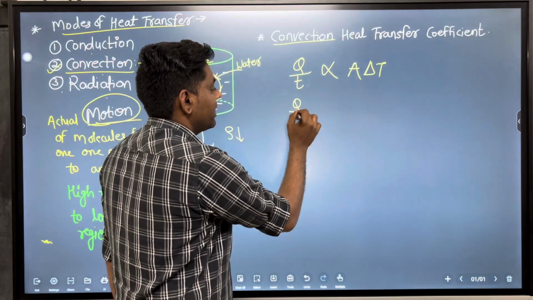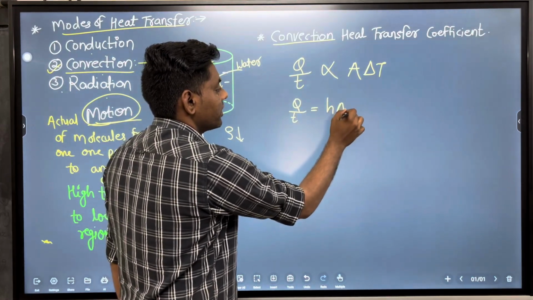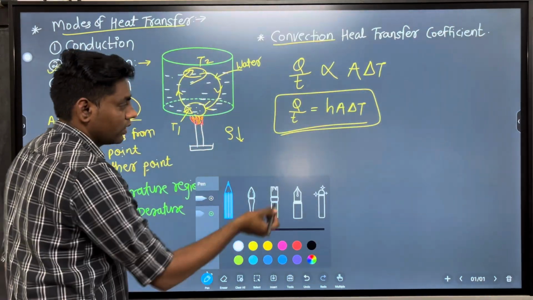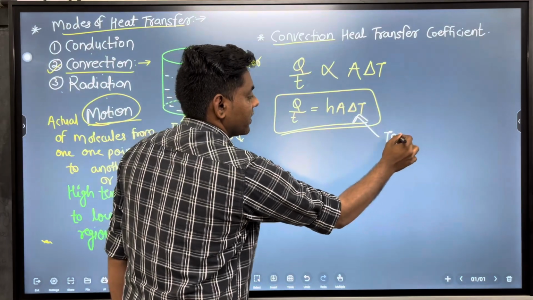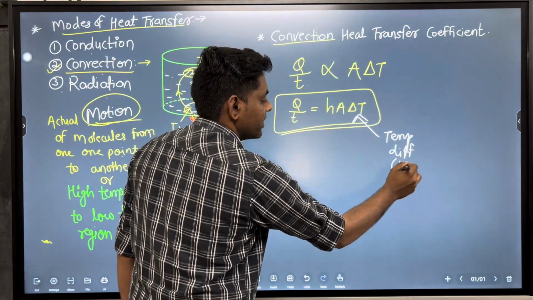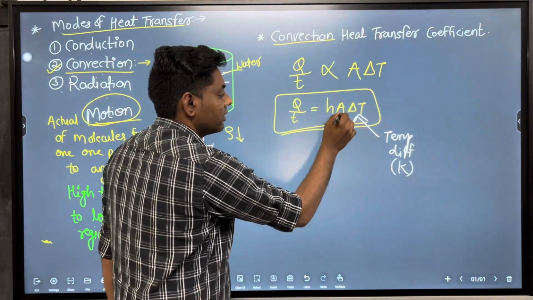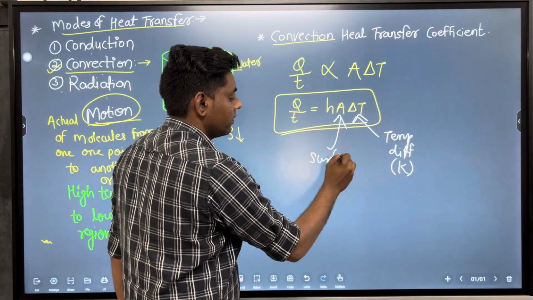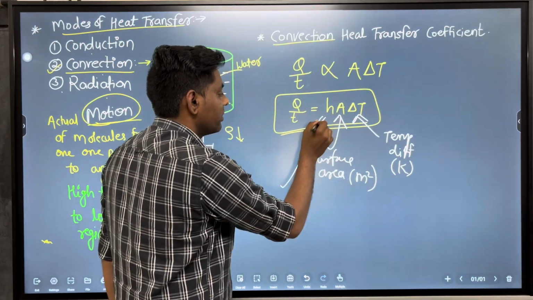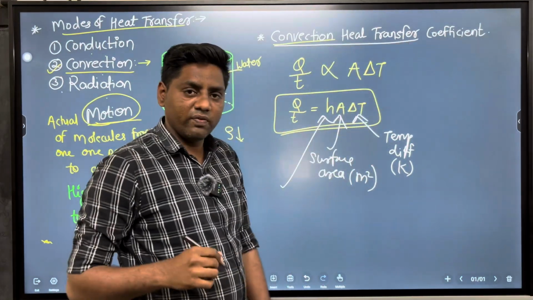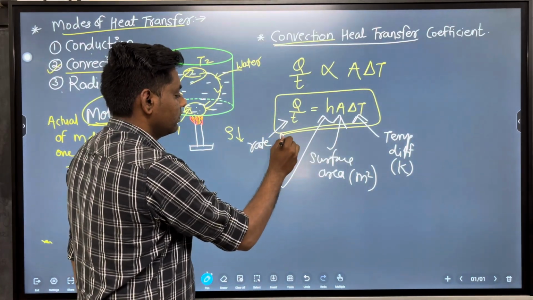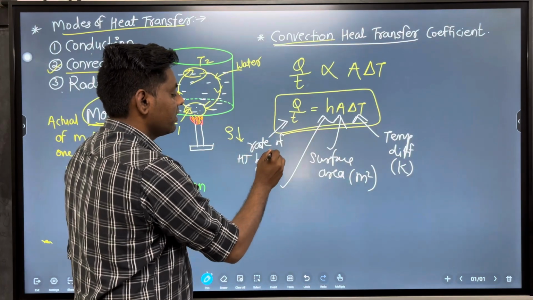So that is Q by t is equal to h A delta T, where delta T means temperature difference, having SI unit Kelvin, A is the surface area, SI unit is meter squared, h means convective heat transfer coefficient, and Q by t means the rate of heat transfer by convection.